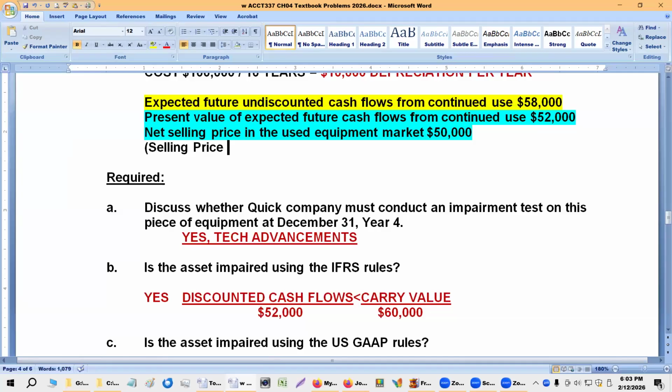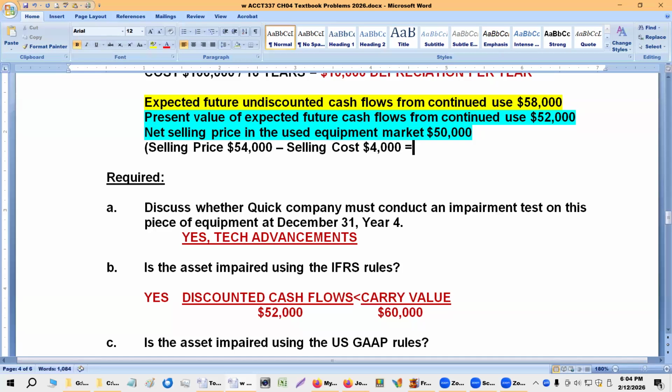Let's say 54,000, minus any selling cost, like a commission. I'm just going to make this up so that it comes out to what we want. Minus 4,000.